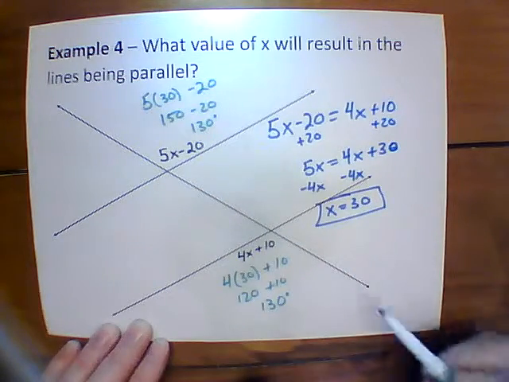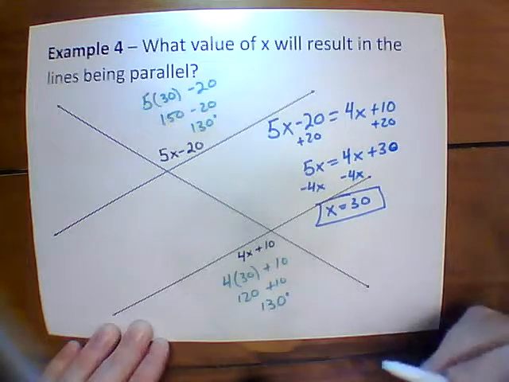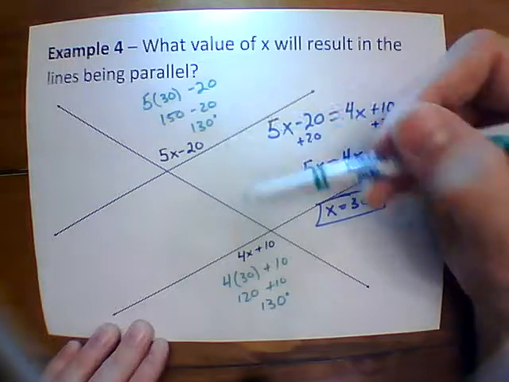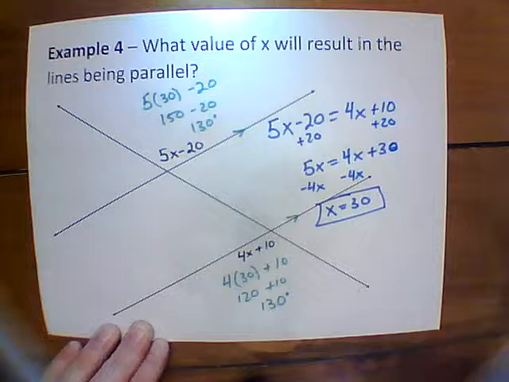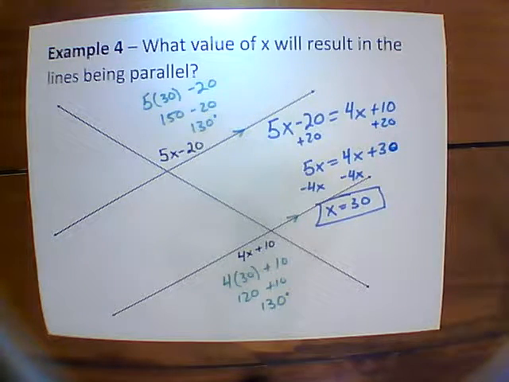So I've in fact shown that when x is 30, the alternate exterior angles are congruent. And if the transversal intersects the two lines in such a way that the alternate exterior angles are congruent, well then we can conclude that the lines are parallel. So in fact, when x is 30, the lines will be parallel.